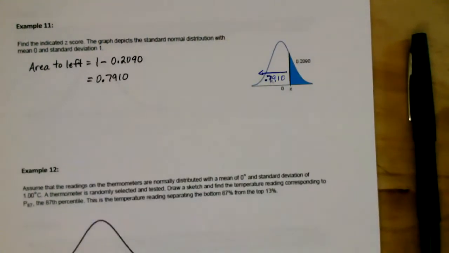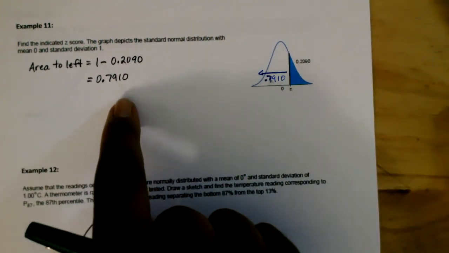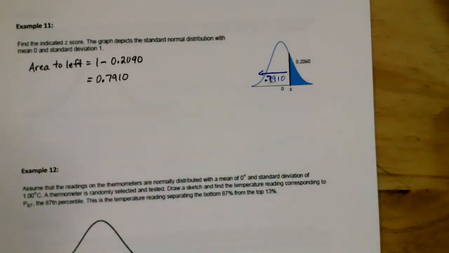So I'm going to use that decimal value. I'll be looking for that in table A-2. Now 0.7910 is bigger than 0.5, so I need to go to the page where it says positive z values or positive z-scores and find out what that z-score is going to be.